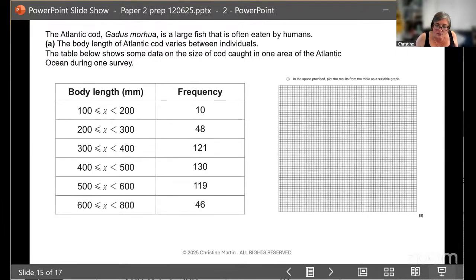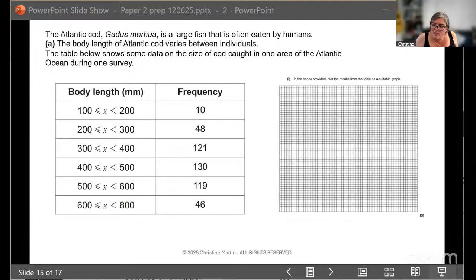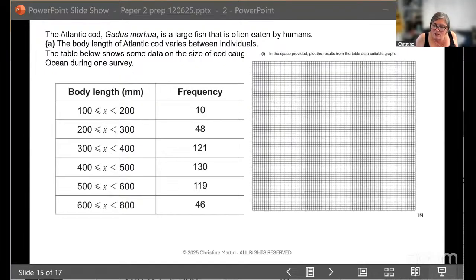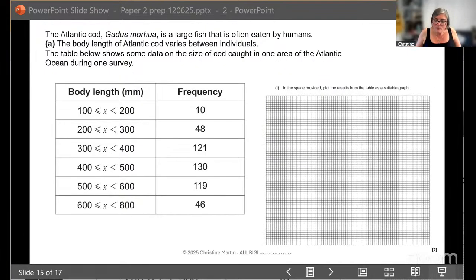With regards to this one, they're really sneaky in what they've done. Here you can see 100 to 200, 200 to 300, 300 to 400, 400 to 500, 500 to 600. This one is 600 to 800.